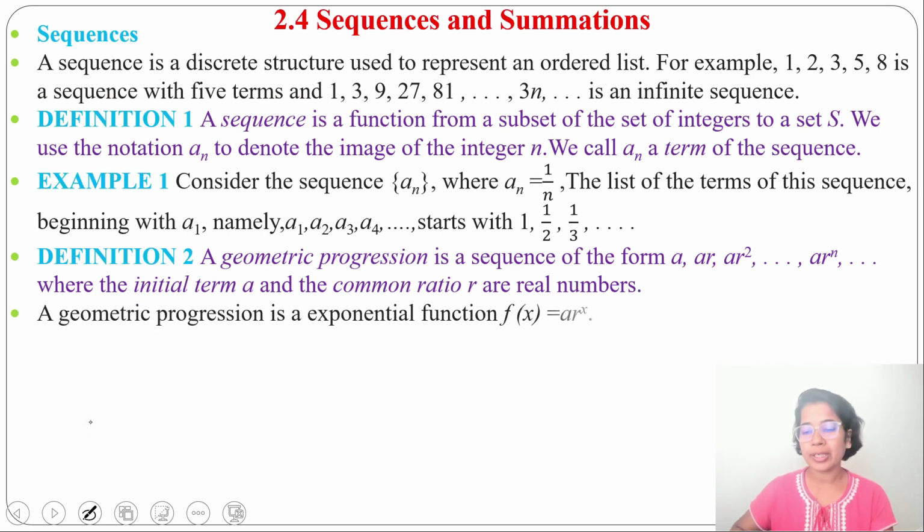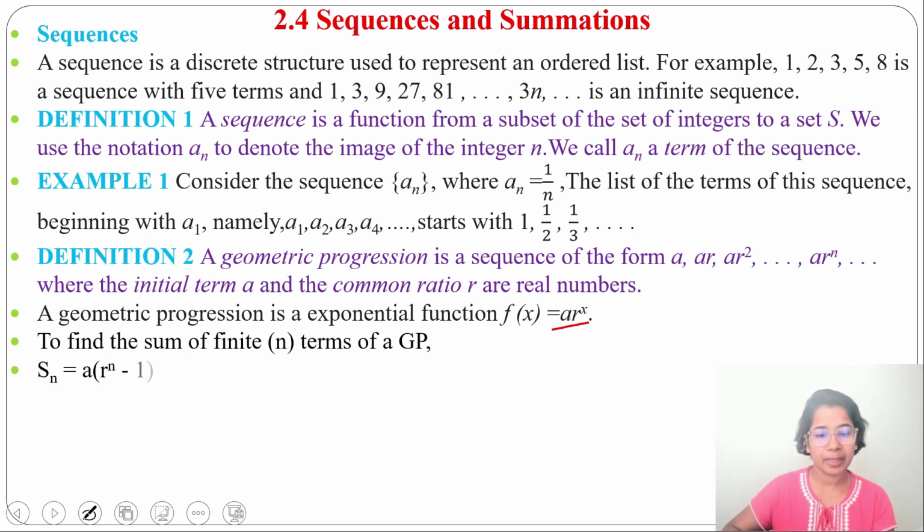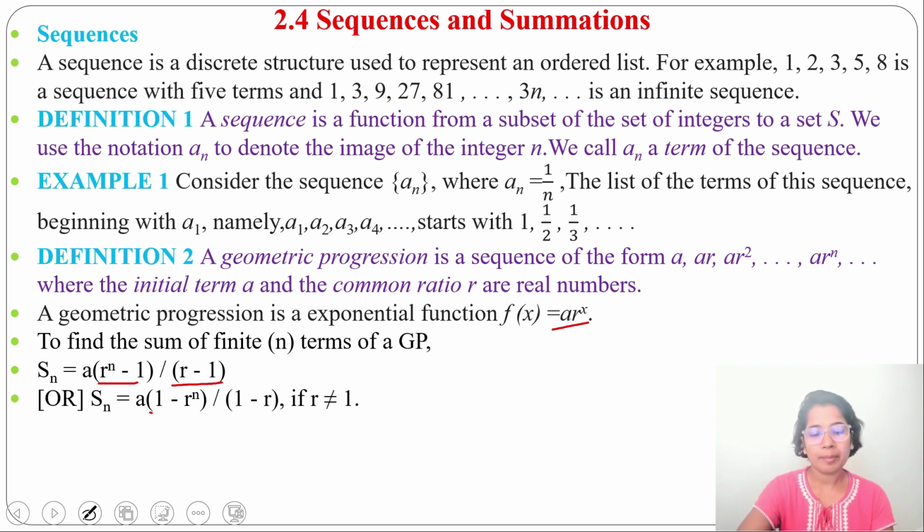Here the function is ar power x, and the sum of a finite GP sequence will be a(r power n minus 1) divided by (r minus 1), or you can write a(1 minus r power n) divided by (1 minus r), if r is not equal to 1. So this formula is for the sum of a GP.